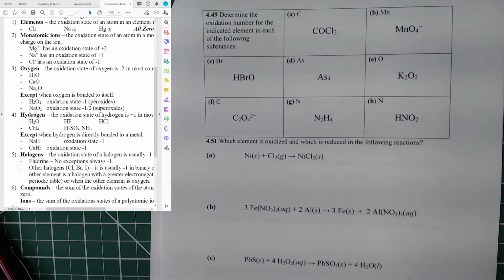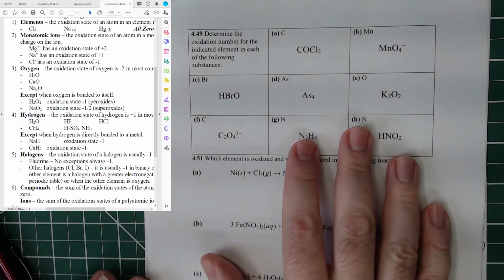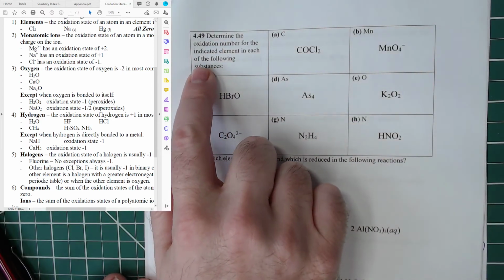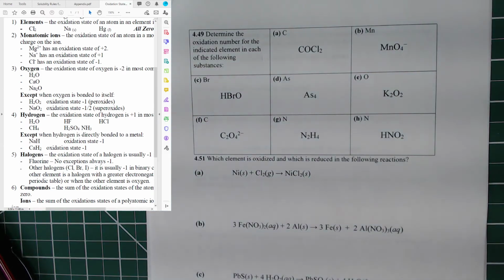So element 0, monatomic ion charge, oxygen usually -2, hydrogen usually +1, halogens usually -1, and compounds add up to 0, and polyatomic ions add up to the charge on the polyatomic ion. All right, so we want to determine the oxidation number for each indicated element in each of the following substances.